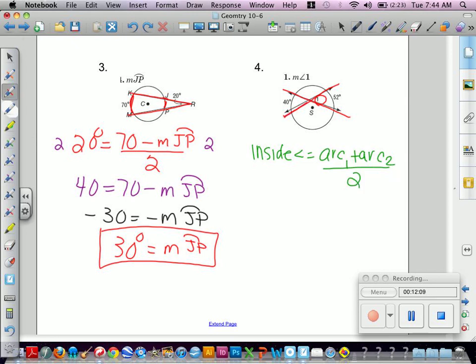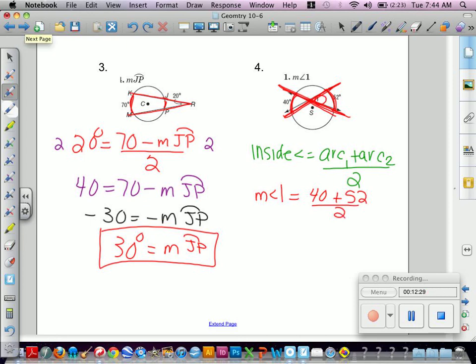So look at your two secant lines. You are given this arc, it's 52, and you are given this arc, which is 40. So the measure of angle 1 equals 40 plus 52 divided by 2.